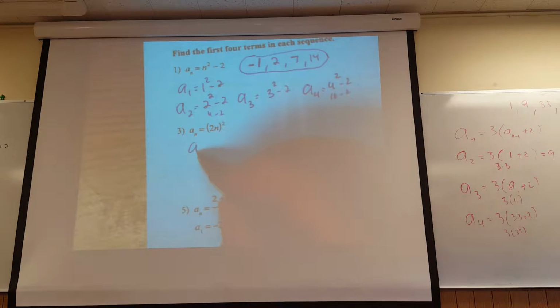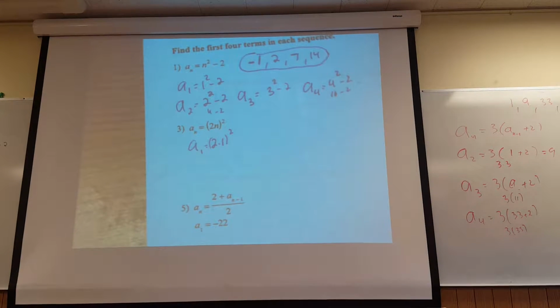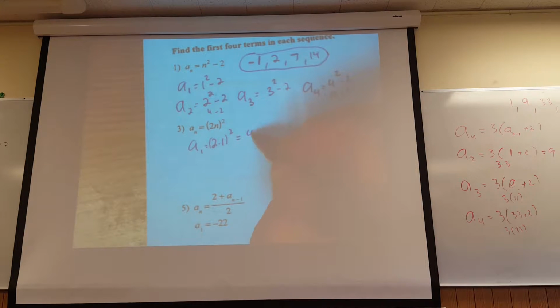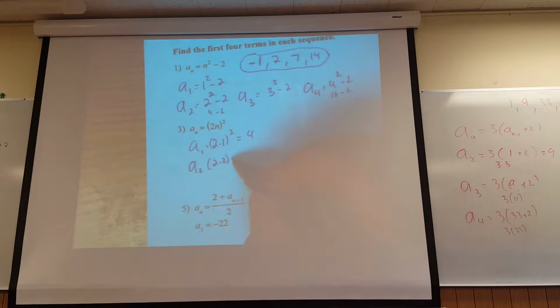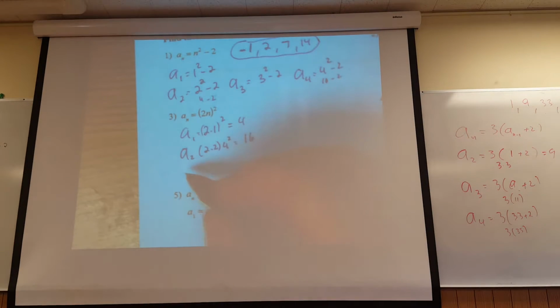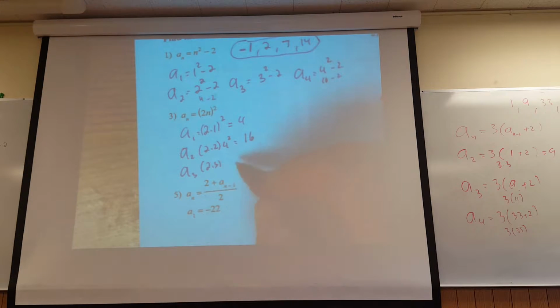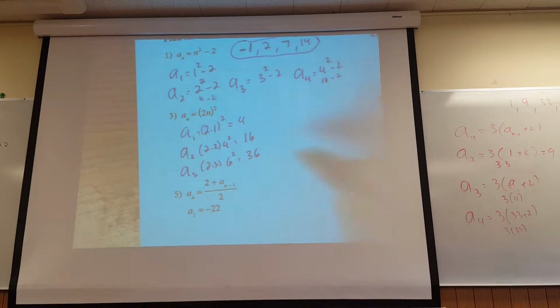So the first term is going to be 2 times 1, which is 2, squared, excuse me, which is 4, okay? 2 squared is 4. The second term, 2 times 2, which is 4, and it's squared, so that's going to be 16. The third term is going to be 2 times 3, which is 6 and squared, so that's 36, okay?